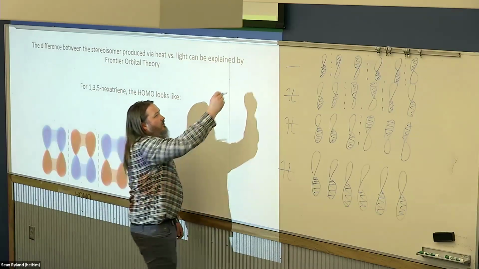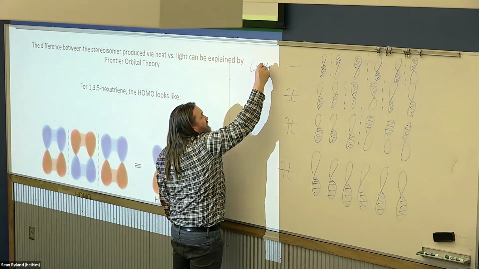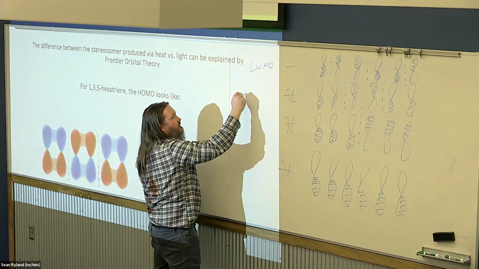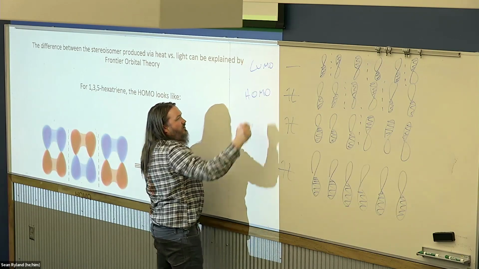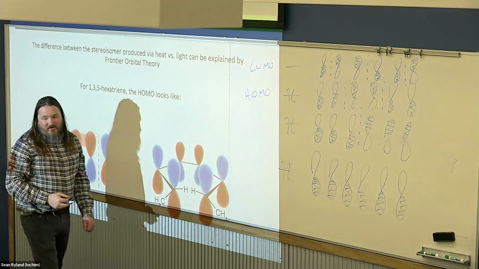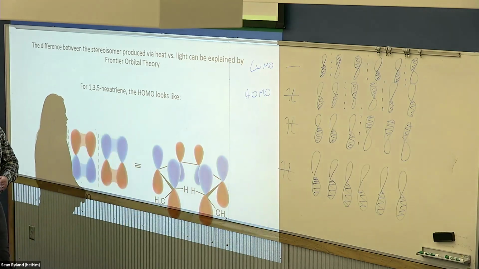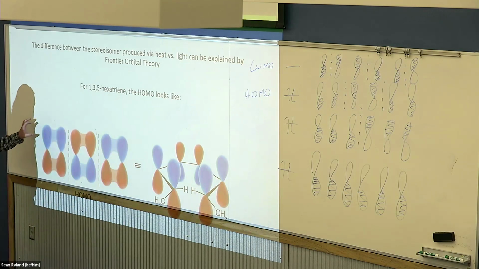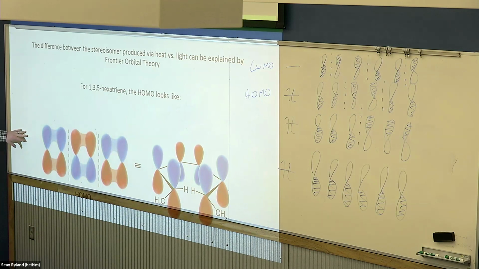So that makes this our LUMO, the lowest unoccupied molecular orbital. And this is our HOMO, our highest occupied molecular orbital. So if the HOMO looks like this, do you see the connection between what I have drawn up there and this picture here?